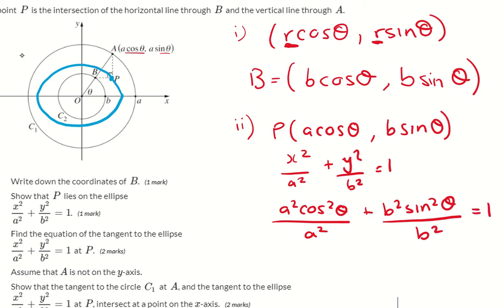So I've squared both terms because they're going to both get a power of 2. My a squared will cancel and my b squared will cancel, which gives me that cos squared theta plus sine squared theta equals 1. Therefore, P lies on the ellipse.